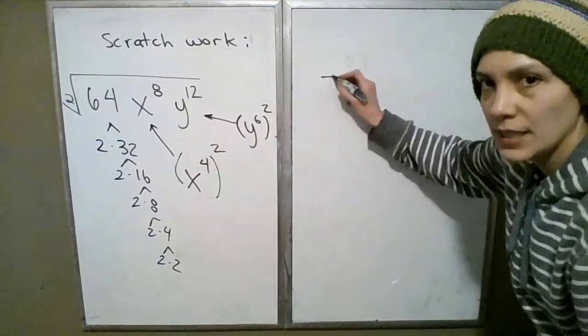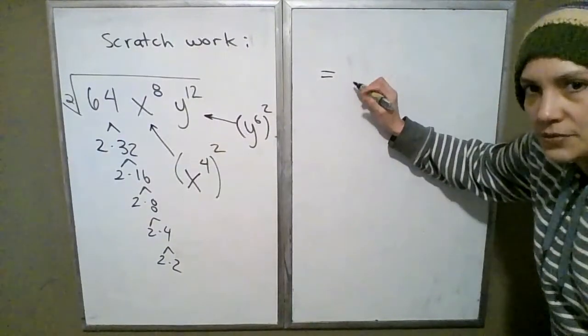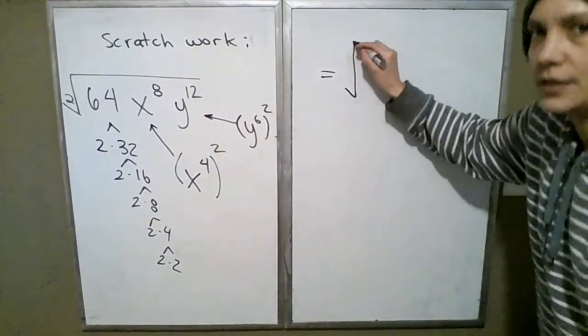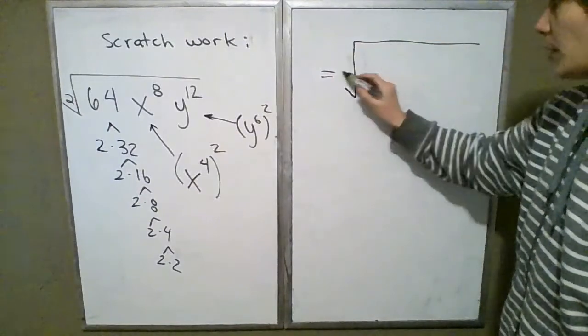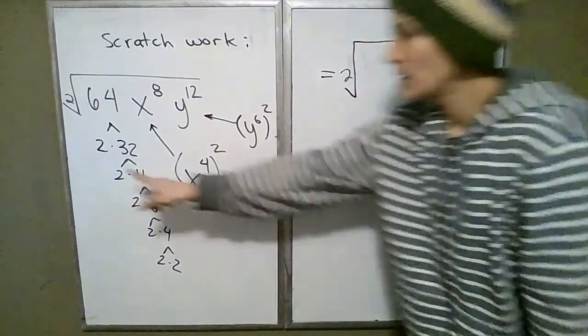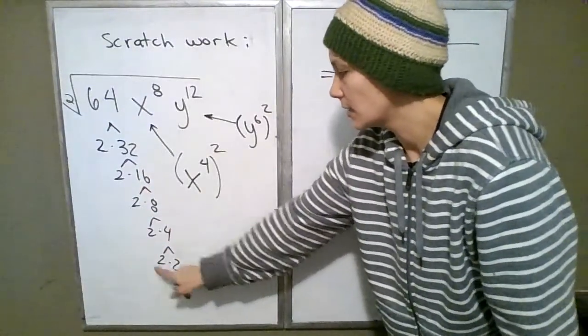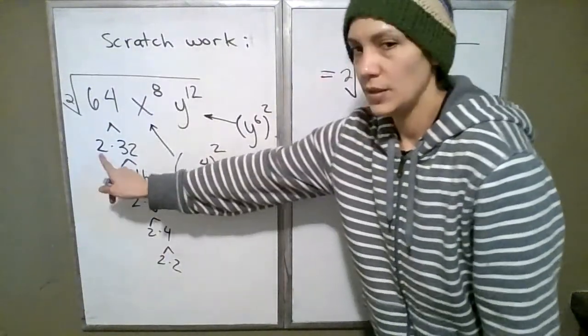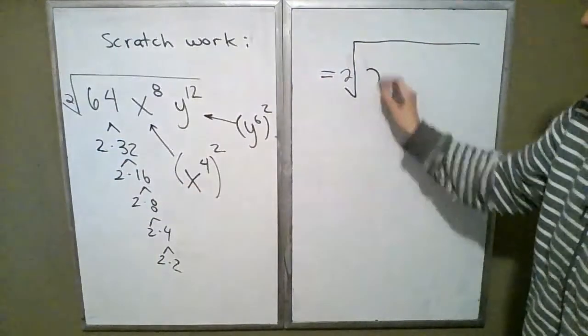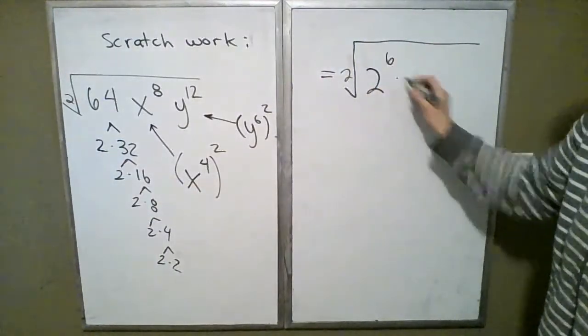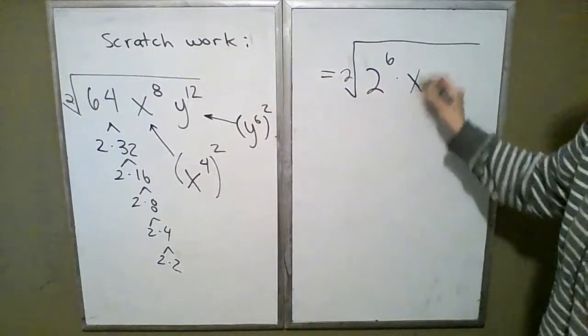Okay, so before jumping to the answer, we're going to write 64 in its factored form of 1, 2, 3, 4, 5, 6. 2 to the 6th. x to the 8th.